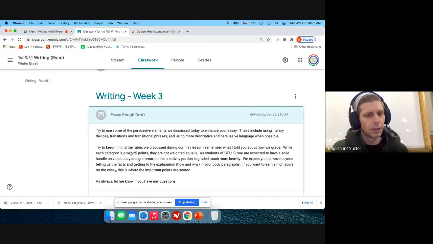And then also try to keep in mind the rubric that we discussed during our first lesson, and try to remember what I told you about how we grade here at the school. So each category is 25 points, but to be honest, we're not weighting them equally. They still get the same amount of points, but we're not grading some categories as harshly or as strong as others.